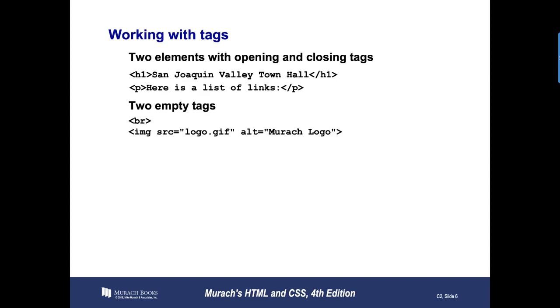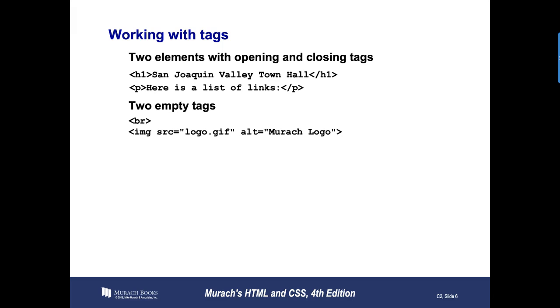So when you work with tags, as you can see here in the slide, there are elements with opening and closing tags. You saw here H1 and the paragraph, right? Opening H1, closing H1 tag, opening paragraph tag, and a closing paragraph tag. And believe it or not, there are things that we call empty tags, where you do not have a corresponding closing tag, okay?